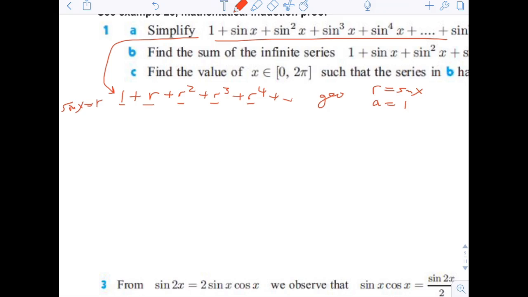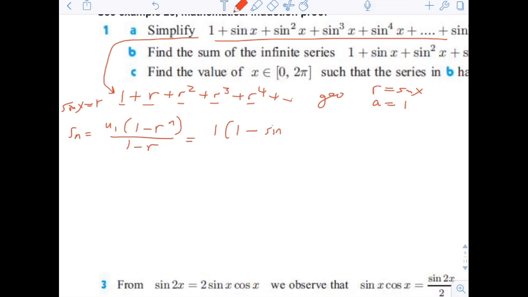Do you remember the sum of a geometric series? It can be expressed as a, or u1, over 1 minus r. I'm sorry, that's if you have an infinite series, and in this case it's not infinite, it's finite. So on the top I have u1, which is 1, and 1 minus r to the n.